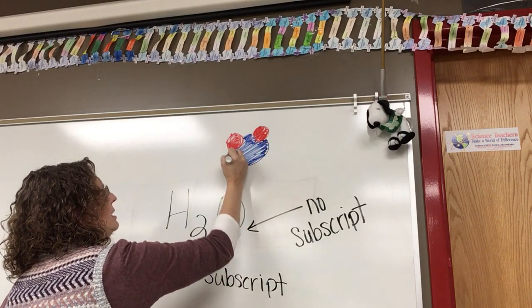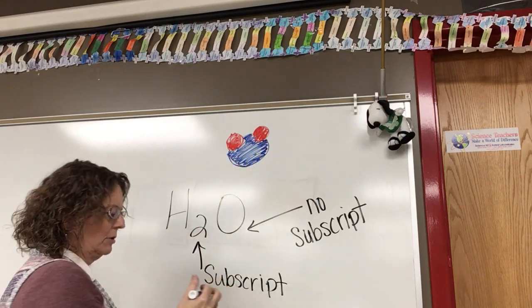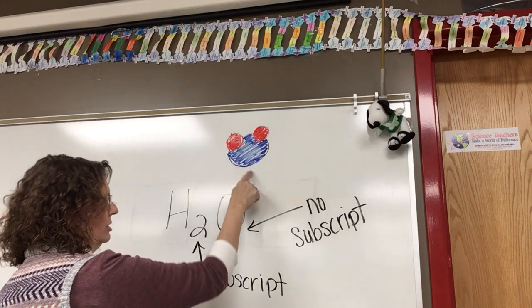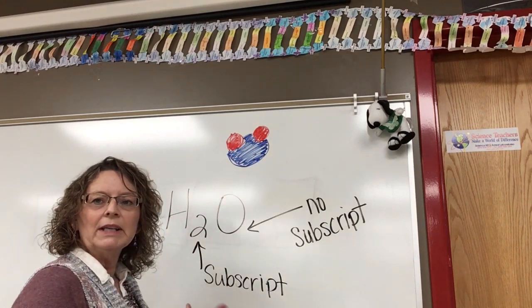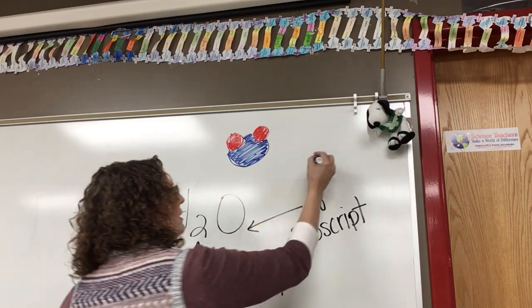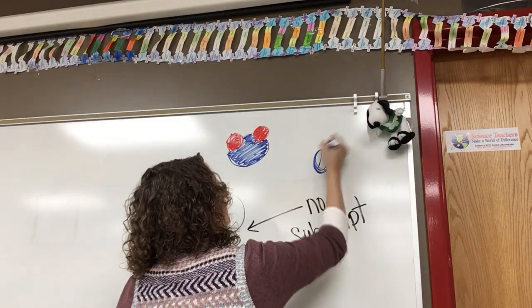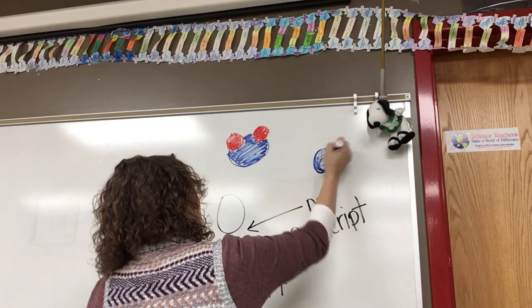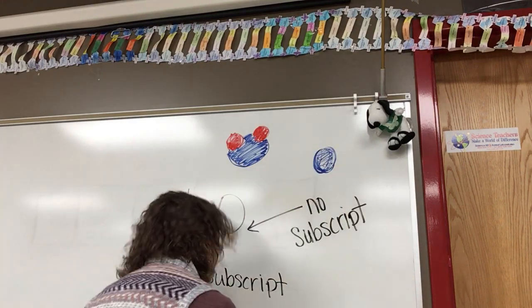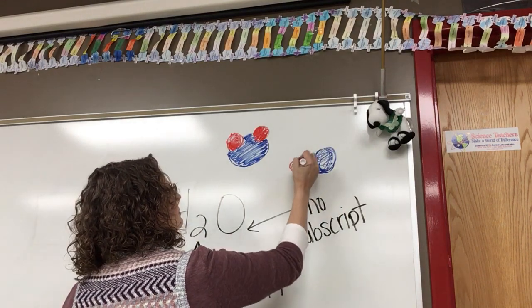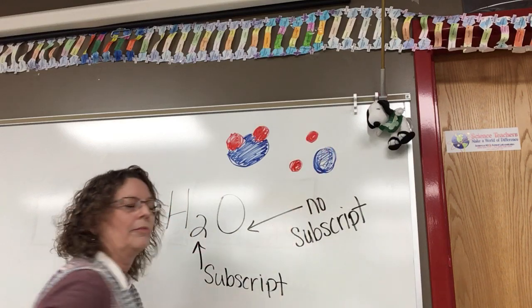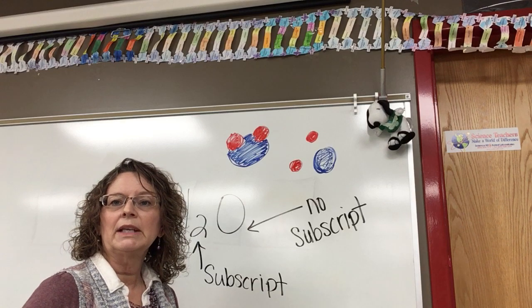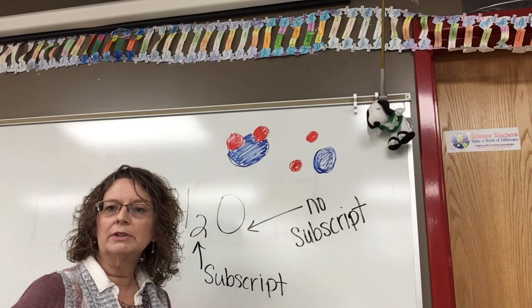H2O, 2 parts hydrogen to 1 oxygen. It would not be a compound if it looked like this. That's not a compound. That's a mixture because there's no bonds involved.